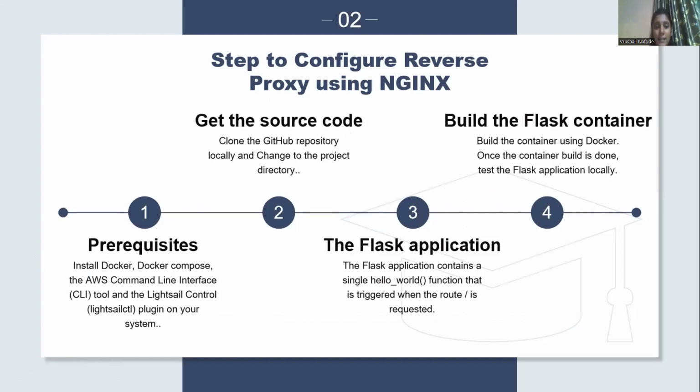Then in the second step, we will download all the source code which is required from GitHub. The third step is the Flask application. Basically, the Flask application contains a single function, hello world, which will be triggered when a route is requested. And finally, we will build a Flask container using Docker. Once the container is built, we will test the container locally.